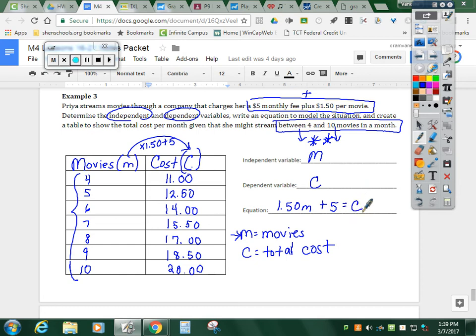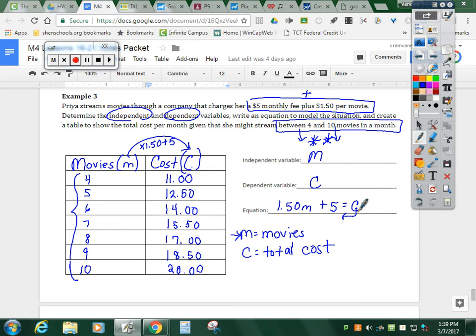Now, working backwards on this is so much more tricky, okay? And I'm actually going to use this. We're going to take our cost and work backwards to calculate our M movies. So, you actually take your cost and you do the inverse of each operation in backwards order.